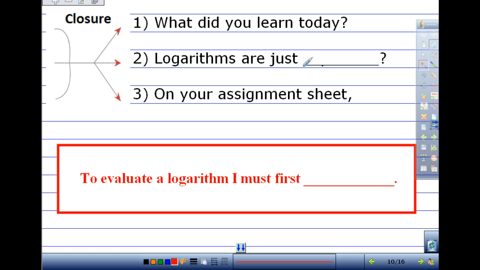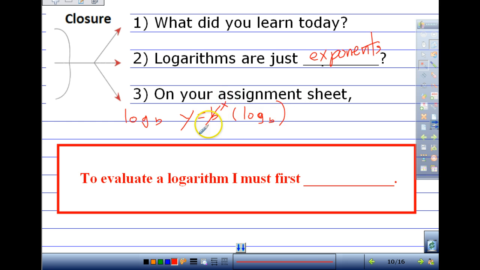Logarithms are just exponents. Remember, the answers to logarithms are exponents. We're taking y equals b to the x, and we're solving for x. How do you get x equals? Turns out you take the log of both sides. Take the log base b of both sides, and then right here, the log base b of b to the x.